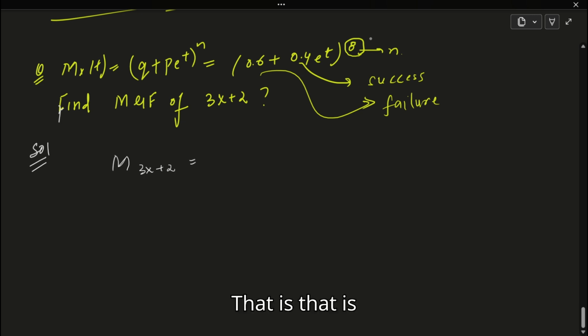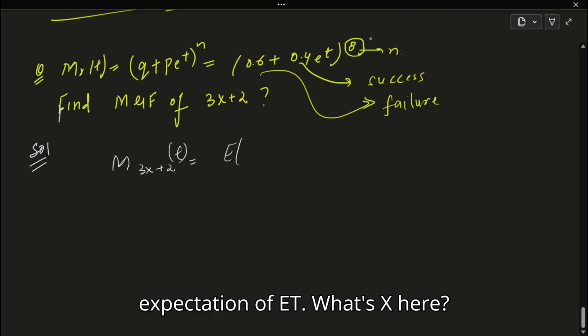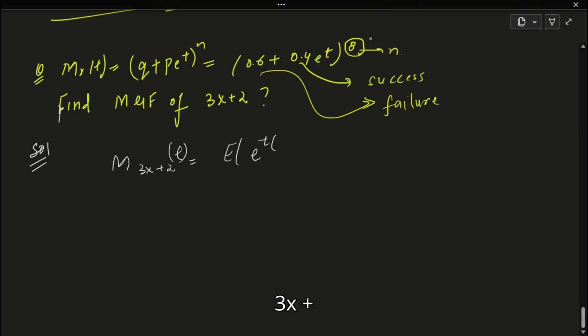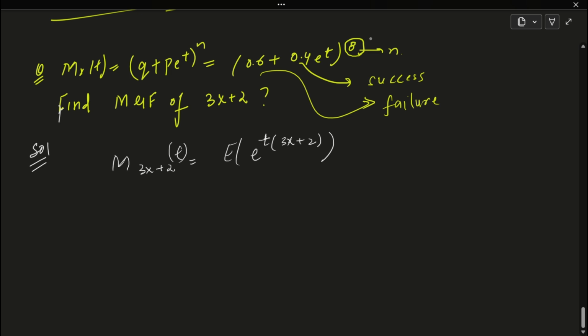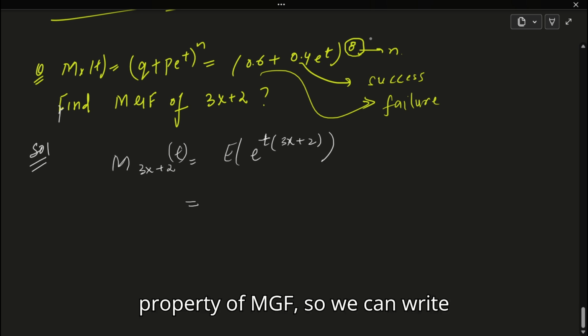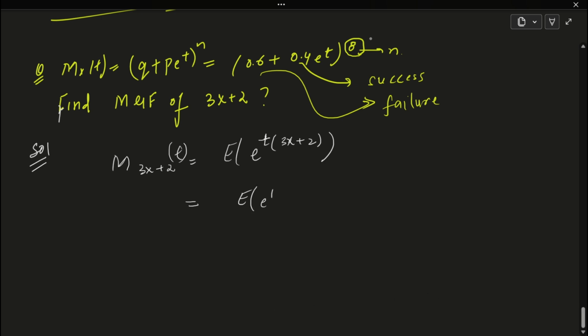That is the expectation of e raised power t times (3x plus 2). So we need the expectation of this. Now with the help of the property of MGF, we can write it as e raised power 2t times the expectation of e raised power 3xt. Clear? So e raised power 2t is constant.